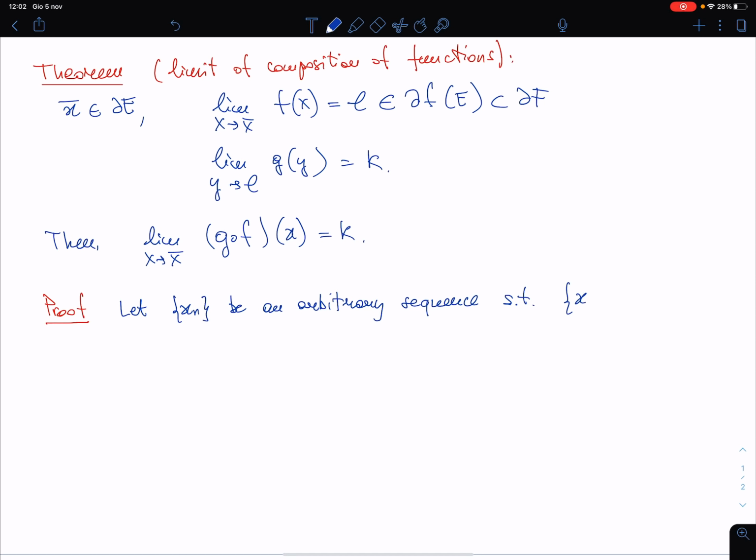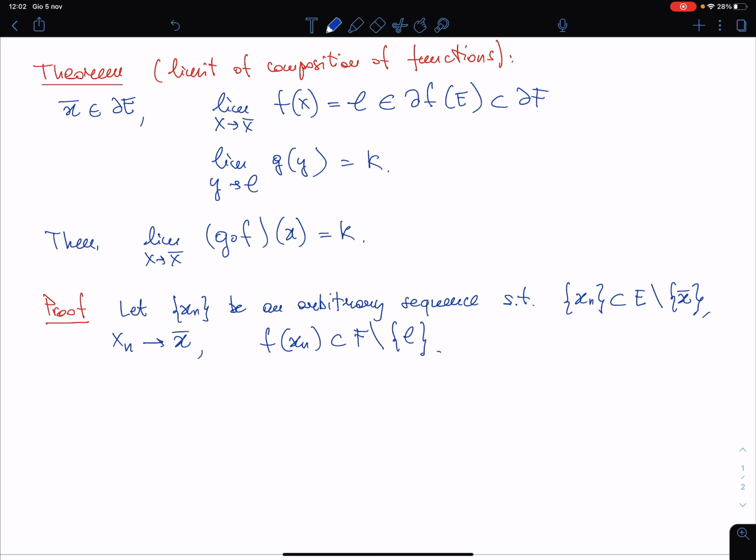The whole sequence xn is contained in E minus x bar, with xn going to x bar, and so that f of xn is in F minus L.